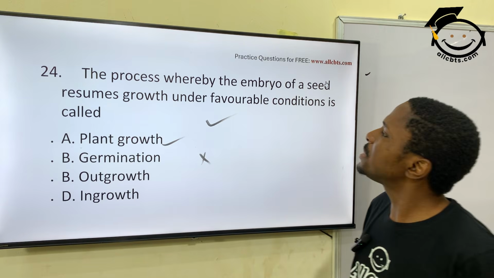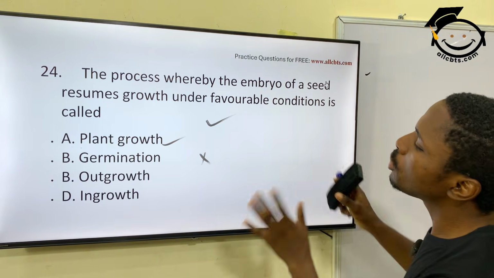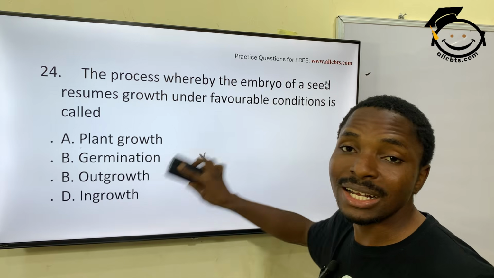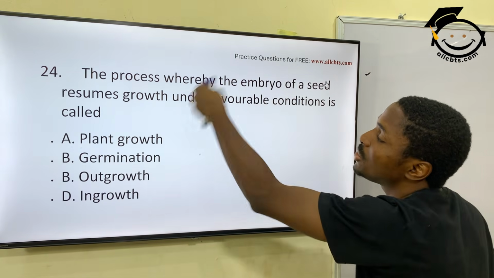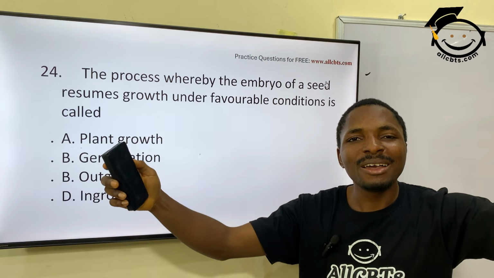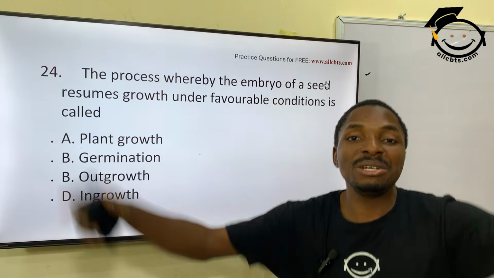Okay, 24. The process whereby the embryo of a seed resumes growth under favorable condition is called what? This is also an English term. Whereby the embryo of a seed begins to grow. It shoots from the ground. You say, mommy, my maize has germinated. My corn seed has germinated.